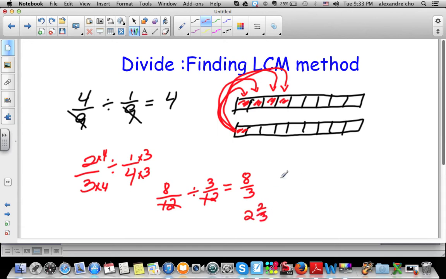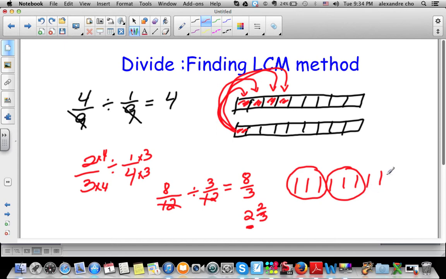I'm going to use models to prove that to you. So you have 8. Let's do sticks: 1, 2, 3, 4, 5, 6, 7, 8. And you want to make groups of 3. Here's one group of 3. Here's another group of 3, that's how I got my 2. And I'm trying to make another group of 3.